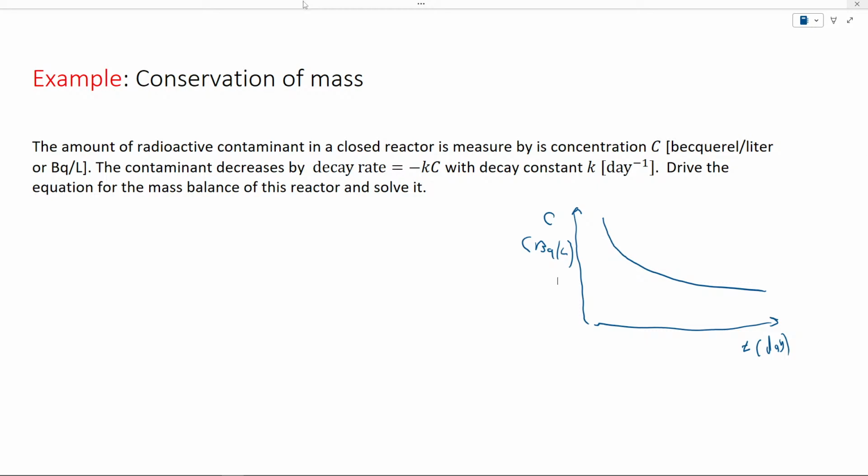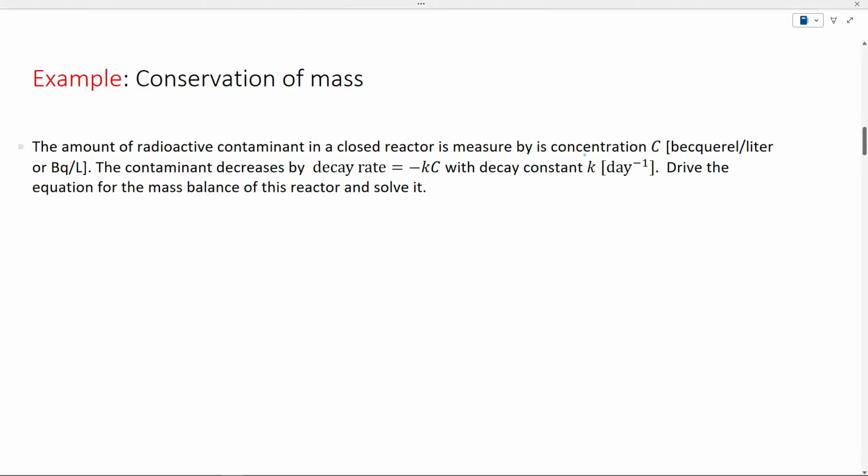We want to find the equation and solve it so that when we solve it, we will have a relationship of C with time. Not just the rate of change, but this relationship: how C is changing with time. So can we do this? Yes. Let's just think about it. At time t1, initially, we had C1.